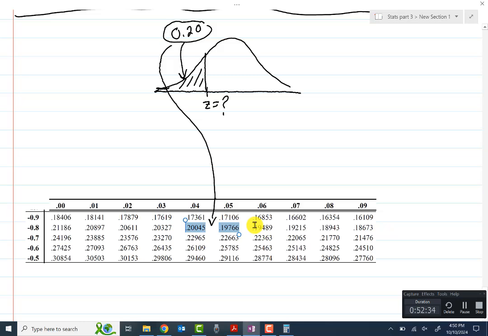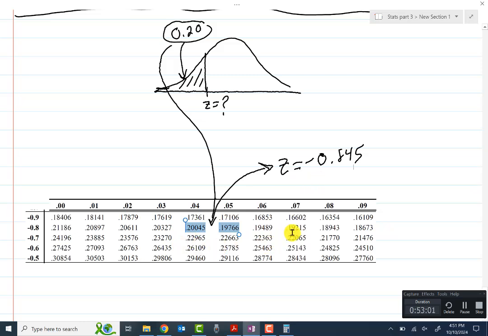What statisticians typically do is say that the z-score they will use will be negative 0.84, and then they'll put an extra decimal. This way, this number is between these two. It's halfway between 4 and 5. So this is something that you can use, and that's how you get your z value.